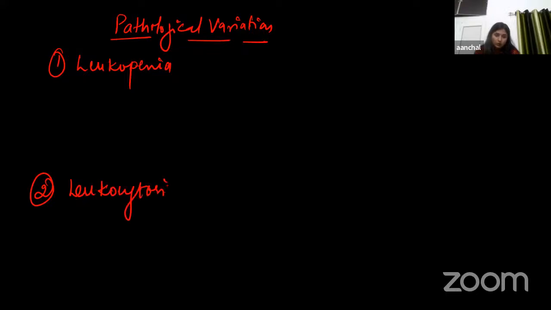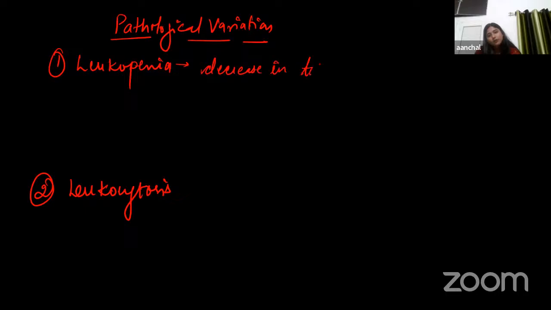Now we're going to talk about the pathological variation. Before learning about pathological variation, all the students should learn two terminologies. The first is leukopenia, and the second is leukocytosis. So, what do you understand by leukopenia? Leukopenia means decrease in total WBC.